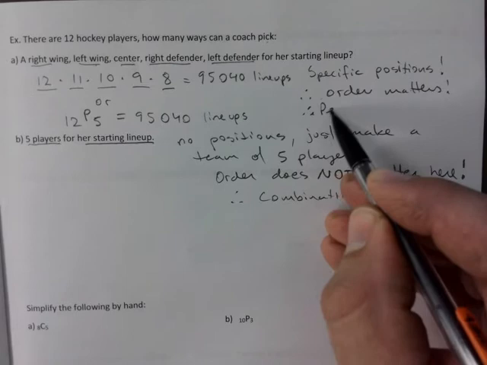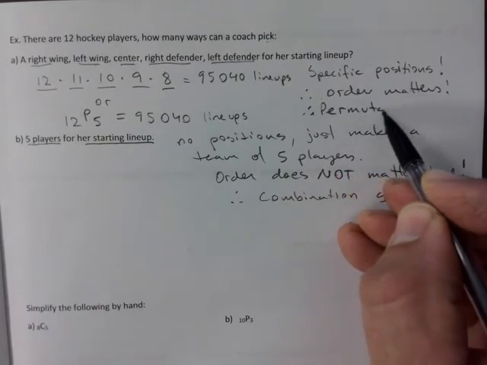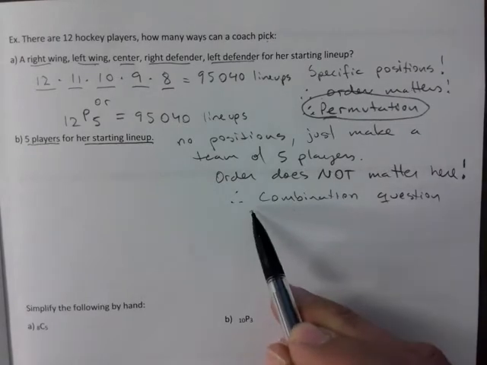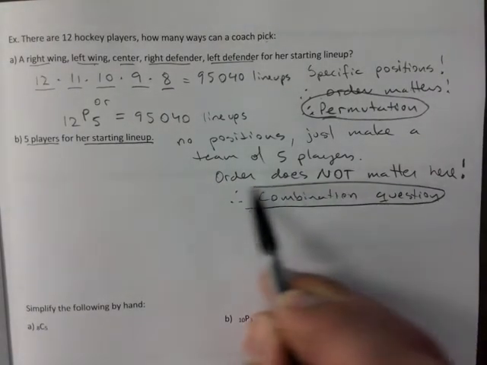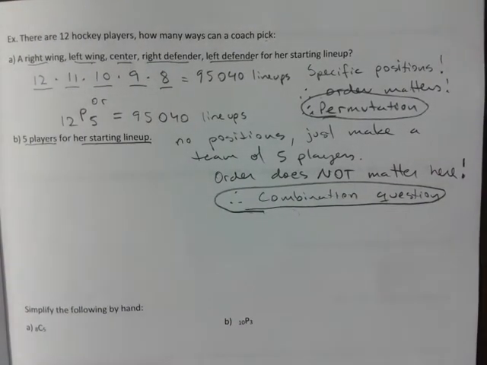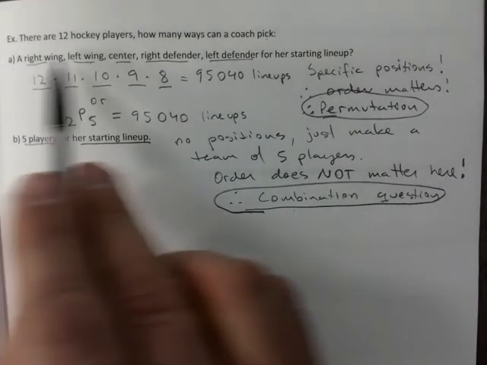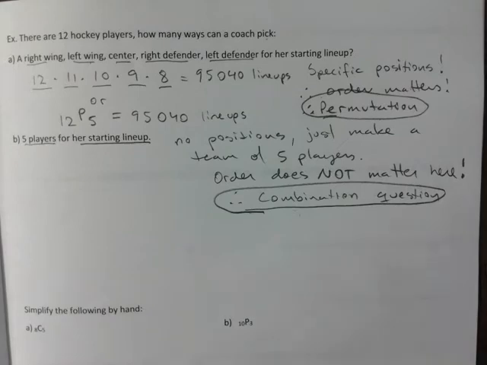Therefore, permutation. Sorry about that. This was a permutation question. This is a combination question. It all has to do with does the order matter? And specific positions is like a guaranteed slam dunk permutation question. Guaranteed. If it's just making a team, oh, combinations.